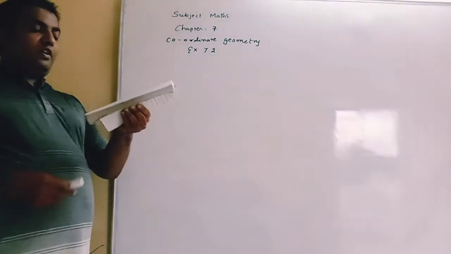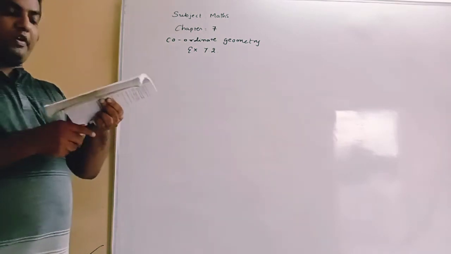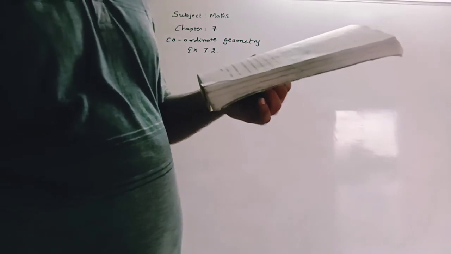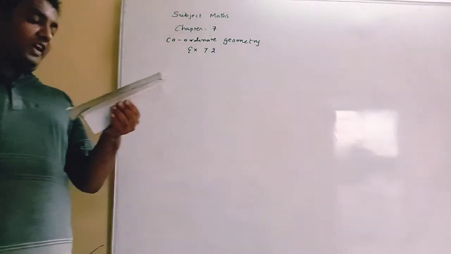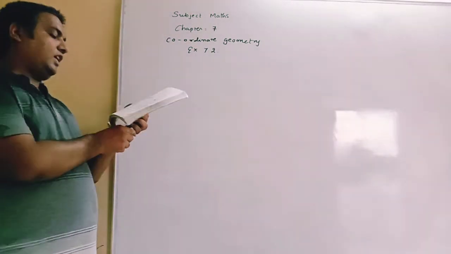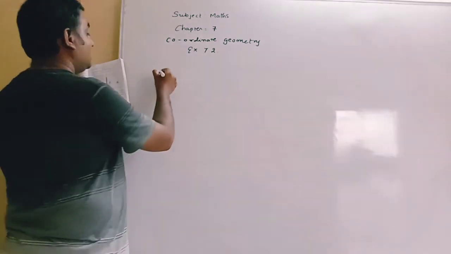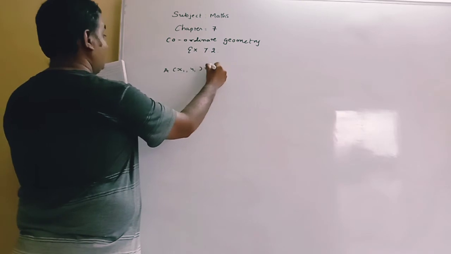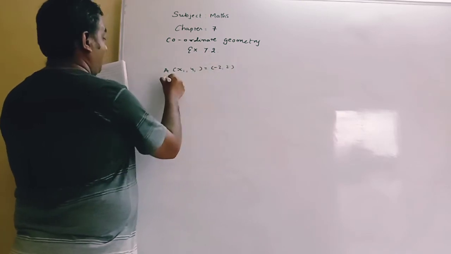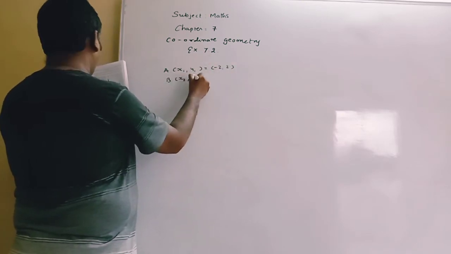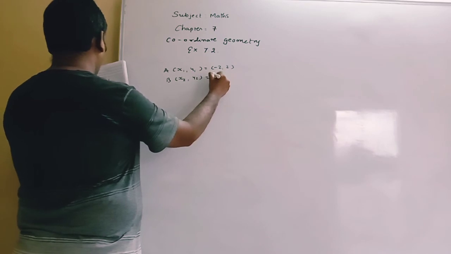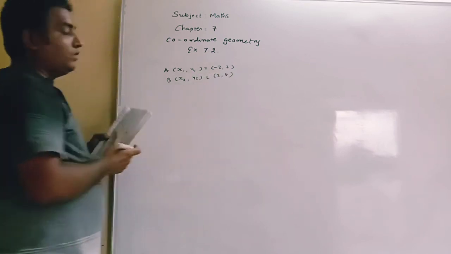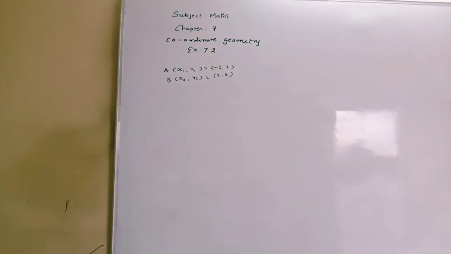Now the question: find the coordinates of the points which divide the line segment joining A(minus 2, 2) and B(2, 8) into 4 equal parts. So A(x1, y1) is given as (minus 2, 2) and B(x2, y2) is given as (2, 8), and we have to divide AB into 4 equal parts.